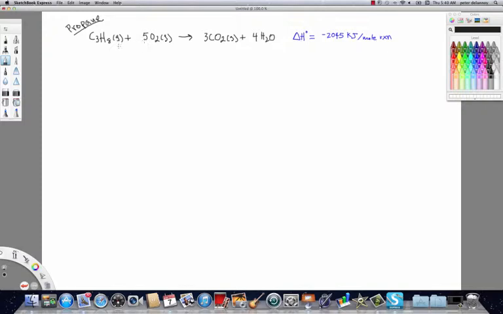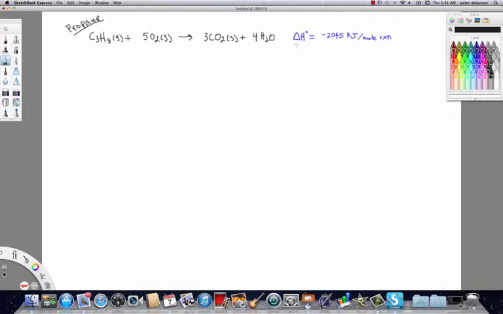Now, this balanced combustion reaction is coupled to this value over here to the right in blue, and this is called the enthalpy of the reaction, delta H naught.